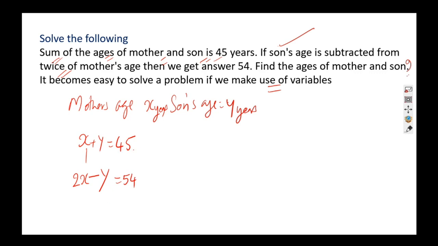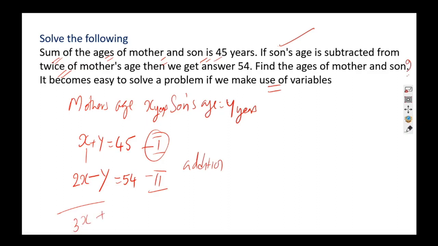Another equation we got. So we got an equation here like before. If we get x and y, we get the ages of mother and son, which is asked. So the same method we will use. We will add these equations. What will happen? 2x plus x is equal to 3x.